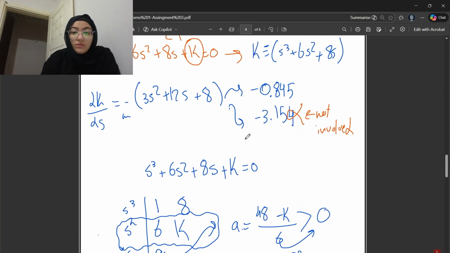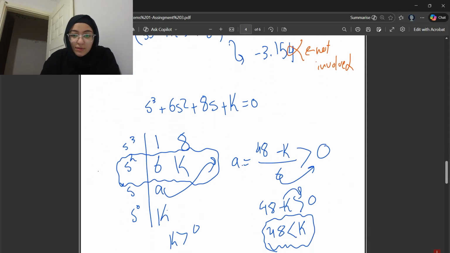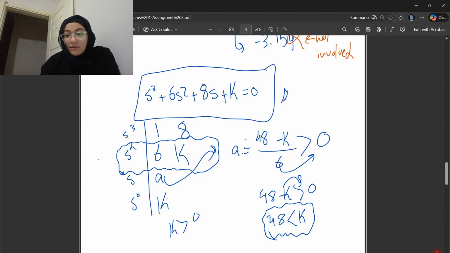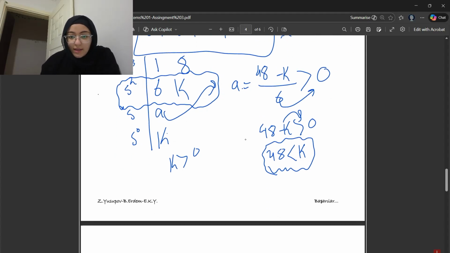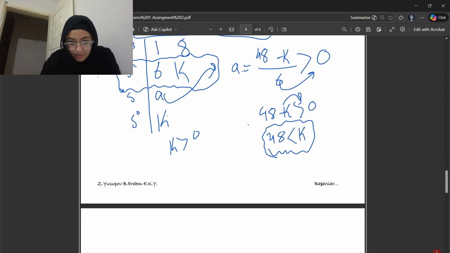If we want to find k, we just have to put k in the main function, and k finally will be 3.08. So the range of k finally will be k bigger than 3.08 but smaller than 48. This is the range of k.